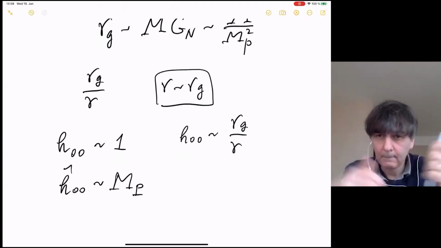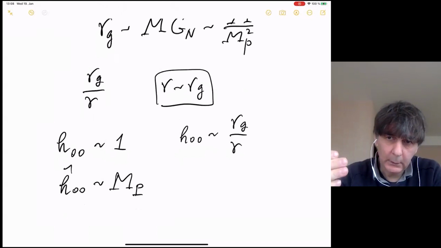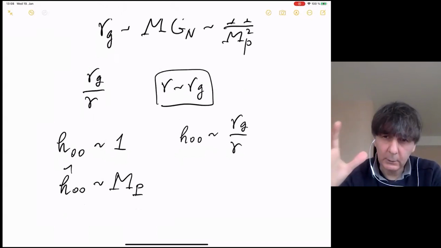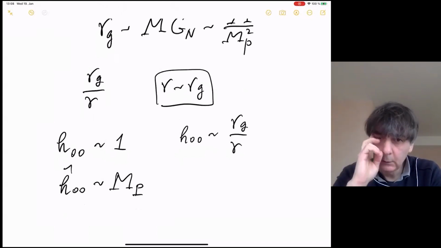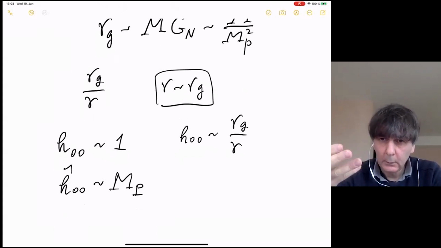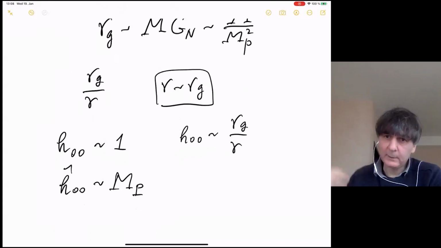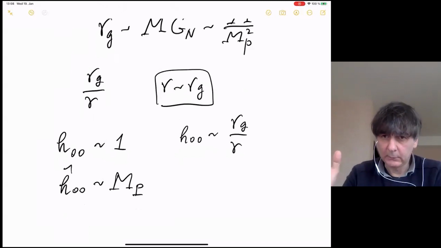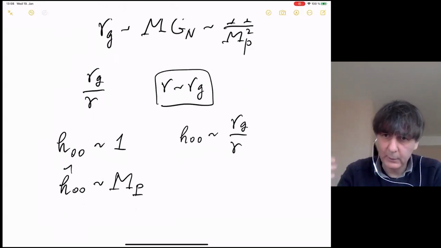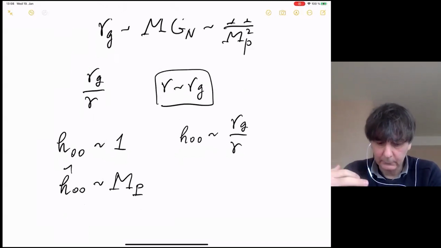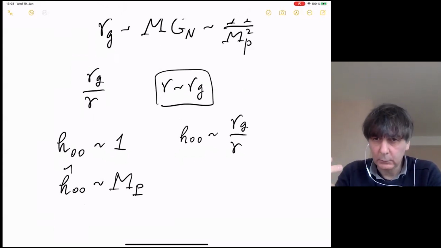So in other words, the way the theory tells us at the linearized level that we are close to the gravitational radius of the source is that the canonically normalized graviton becomes of order the Planck mass.